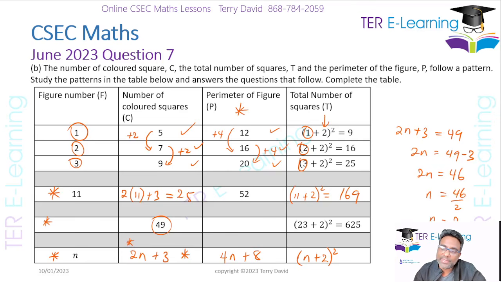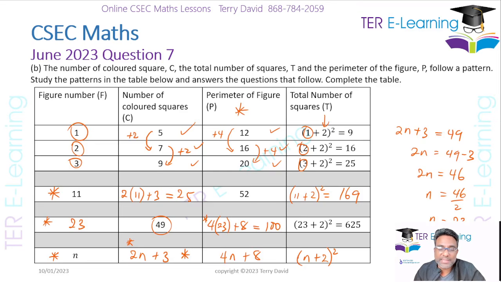So n is equal to 23. So this here is going to be 23. Next thing we need to work out is what's coming here. That's 4n plus 8, so that's 4 by 23 plus 8, and that's going to give me 100.